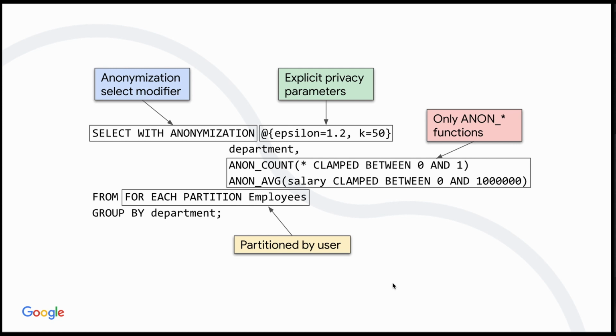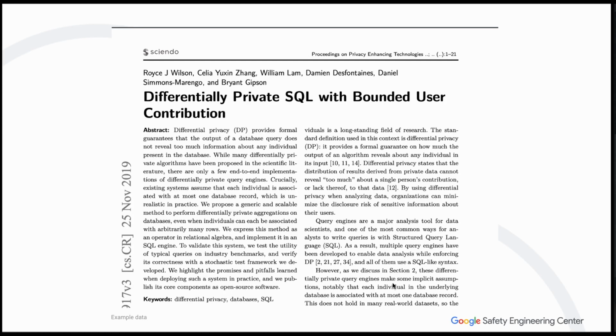The query itself contains the anonymization function, in this example, a count and an average. Configurable per record confidence intervals are also released as part of any aggregated result. You can check out the details of our SQL implementation in this paper that we published and was accepted at PETS.